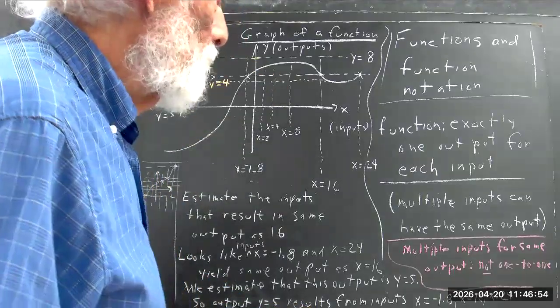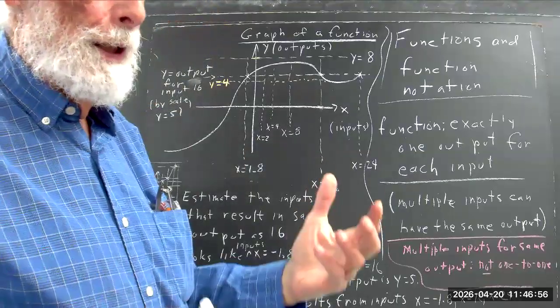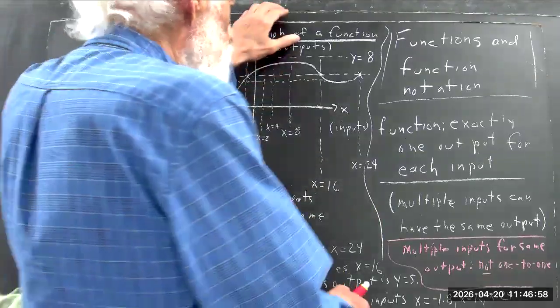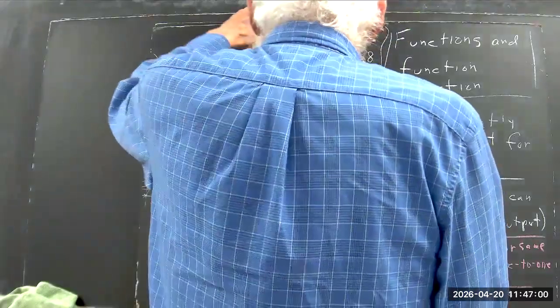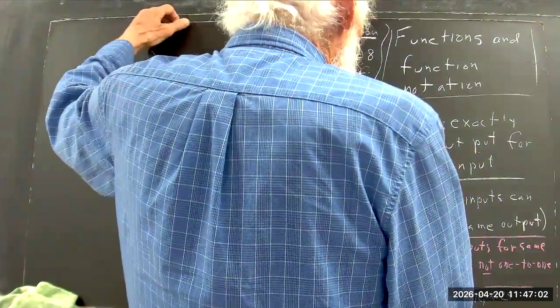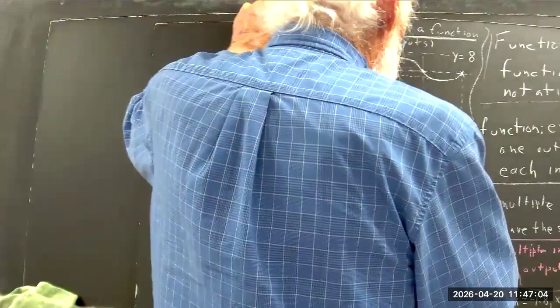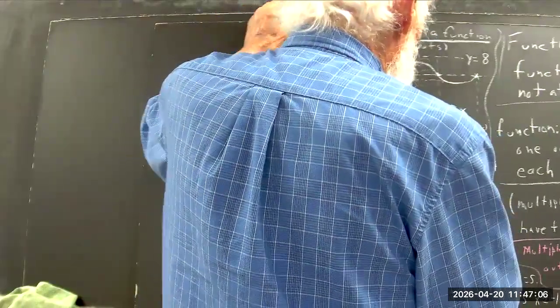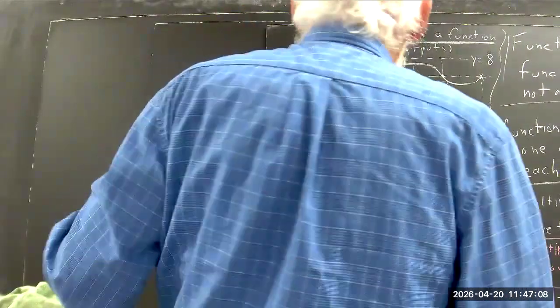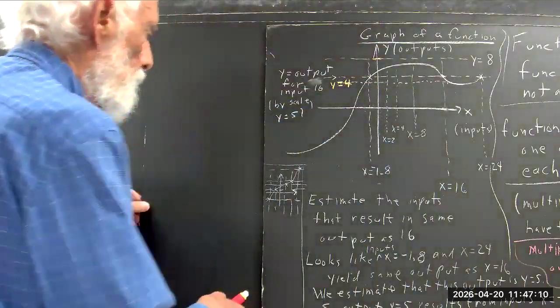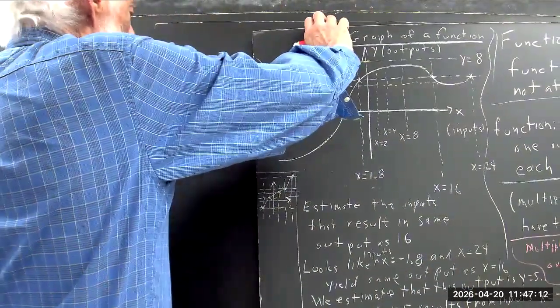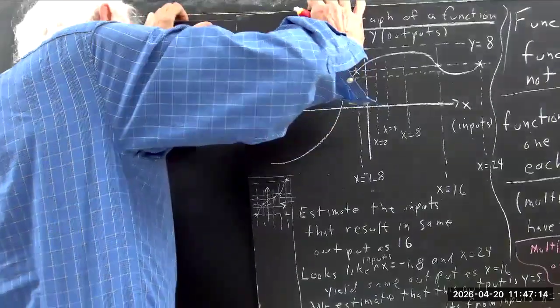Now, sometimes we want to give a function a name. So I'm going to name the function of this graph. I'm going to call it f for function.